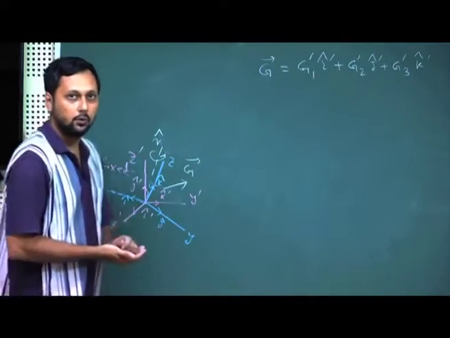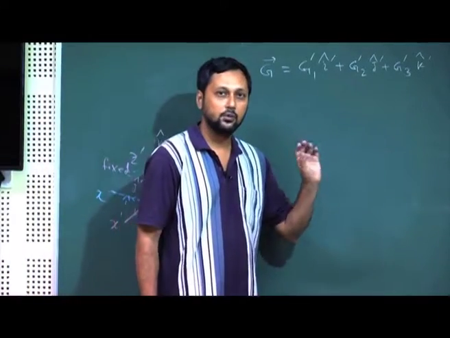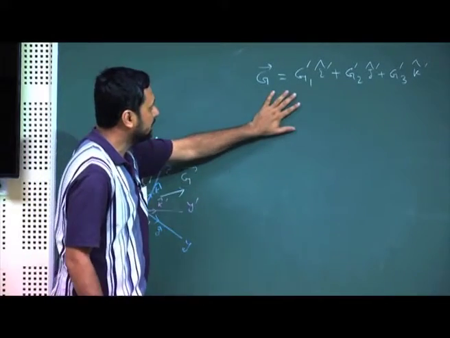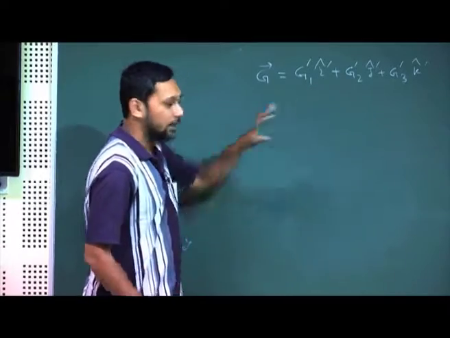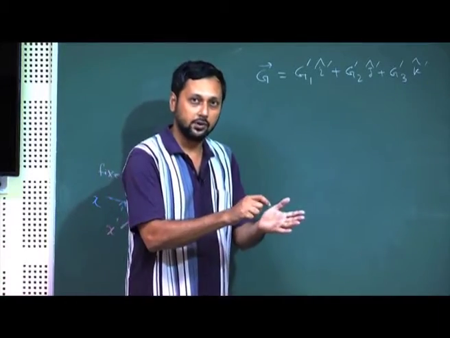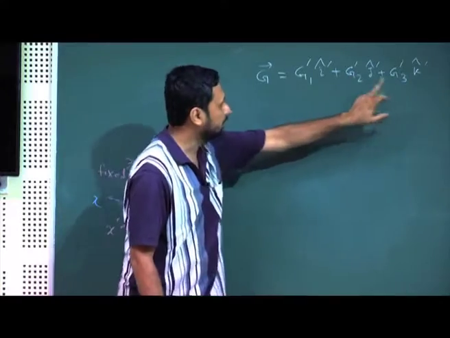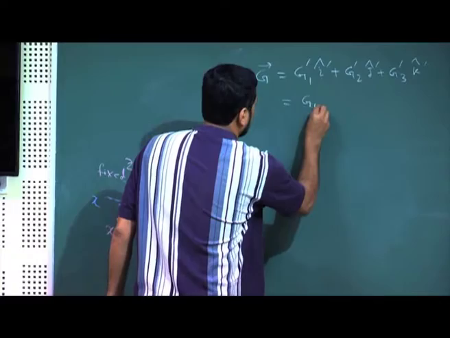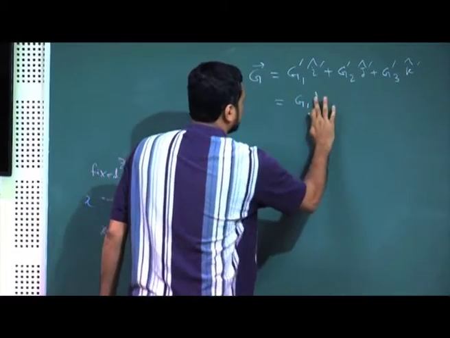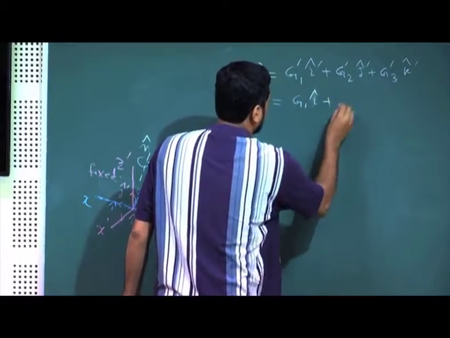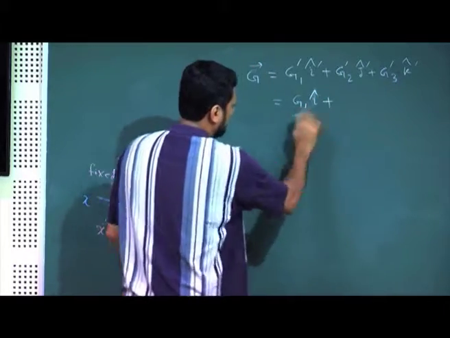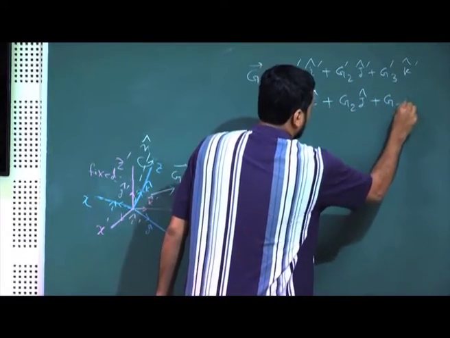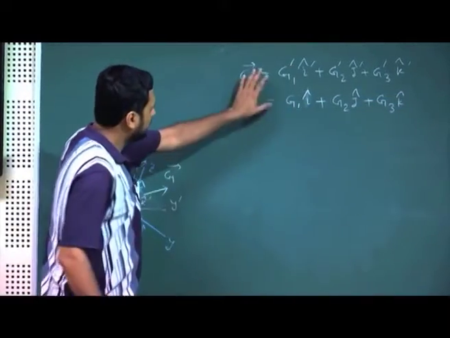From now onwards, whenever we discuss a fixed and a moving coordinate system, the fixed coordinate system will be denoted by primed indices and the moving coordinate system by non-primed indices. So, we just resolve the components.